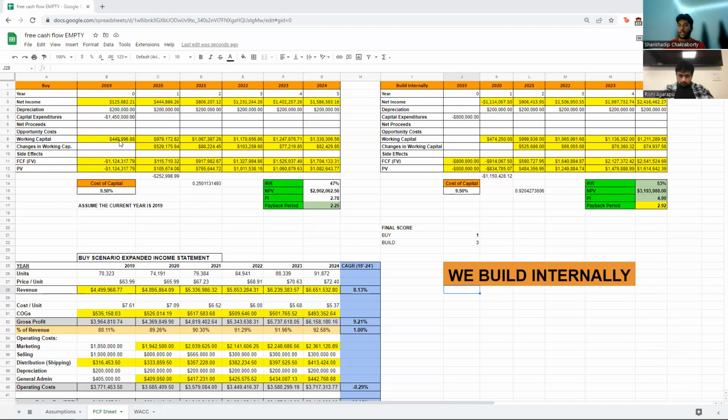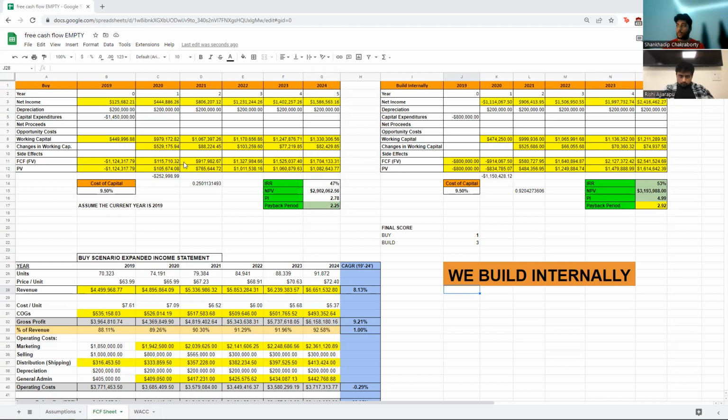We used our working capital assumptions in order to calculate change in working capital year over year for both buy and build. For free cash flow, all we did was just add net income and depreciation. We subtract out CapEx and we subtract out changes in working capital. Remember, not just working capital, it's changes.